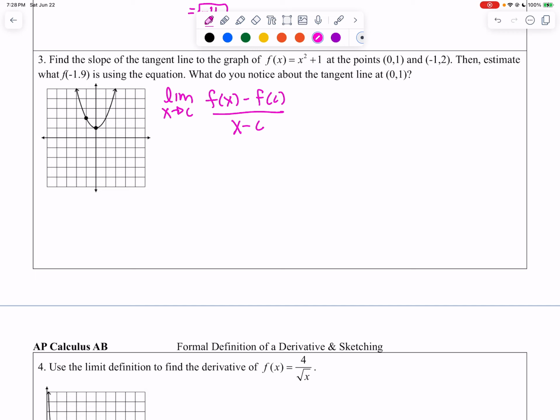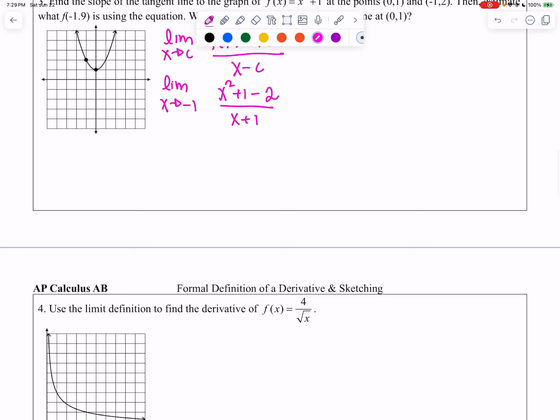Okay, so now I have the limit as x approaches negative 1 of x squared plus 1 minus 2, because f of c is 2, all over x plus 1. You'll see that I have the limit as x approaches negative 1 of x squared minus 1 over x plus 1.